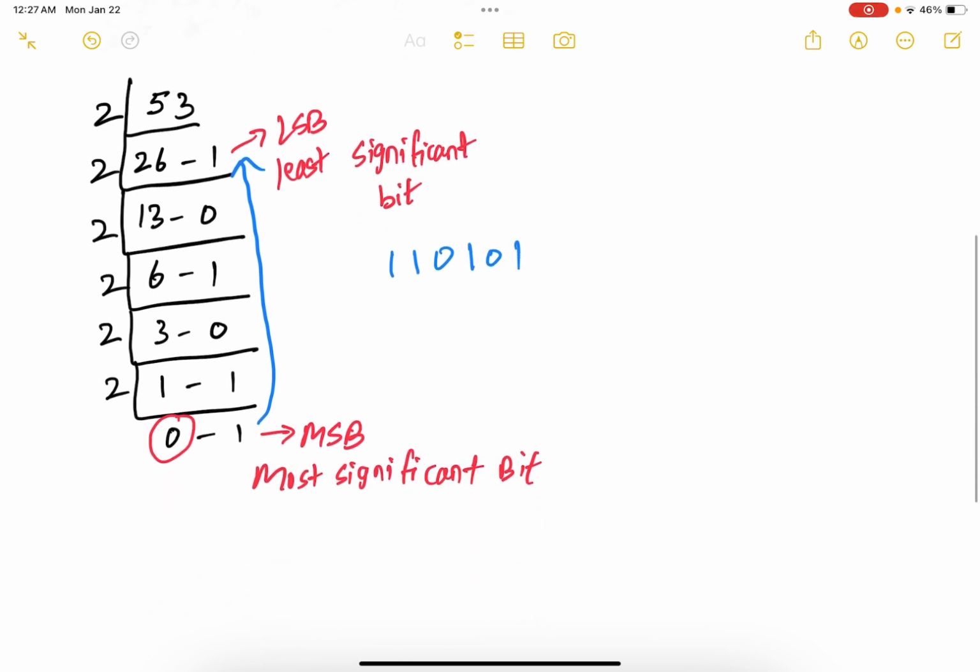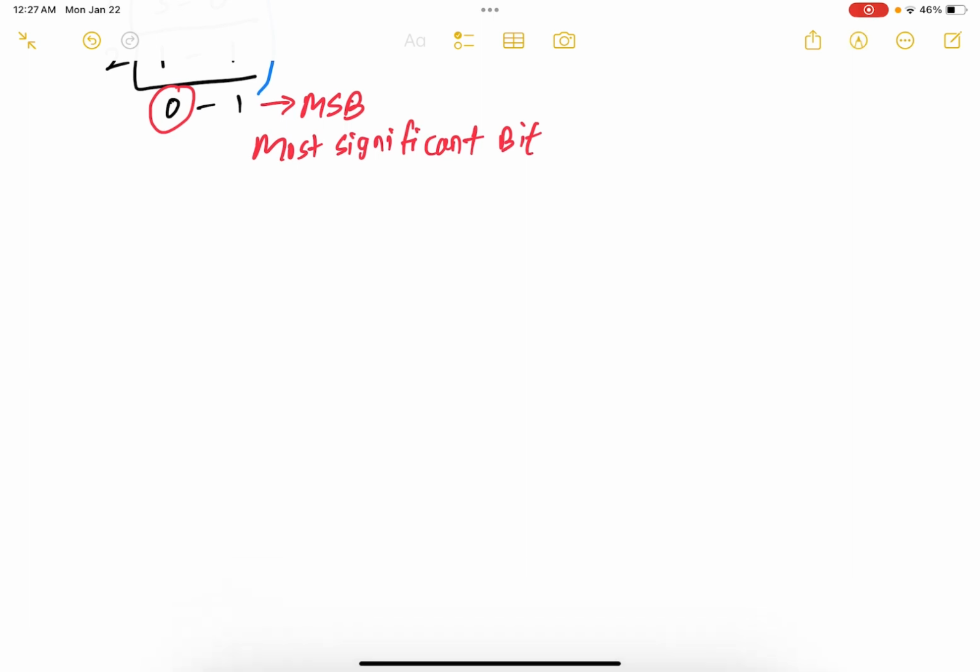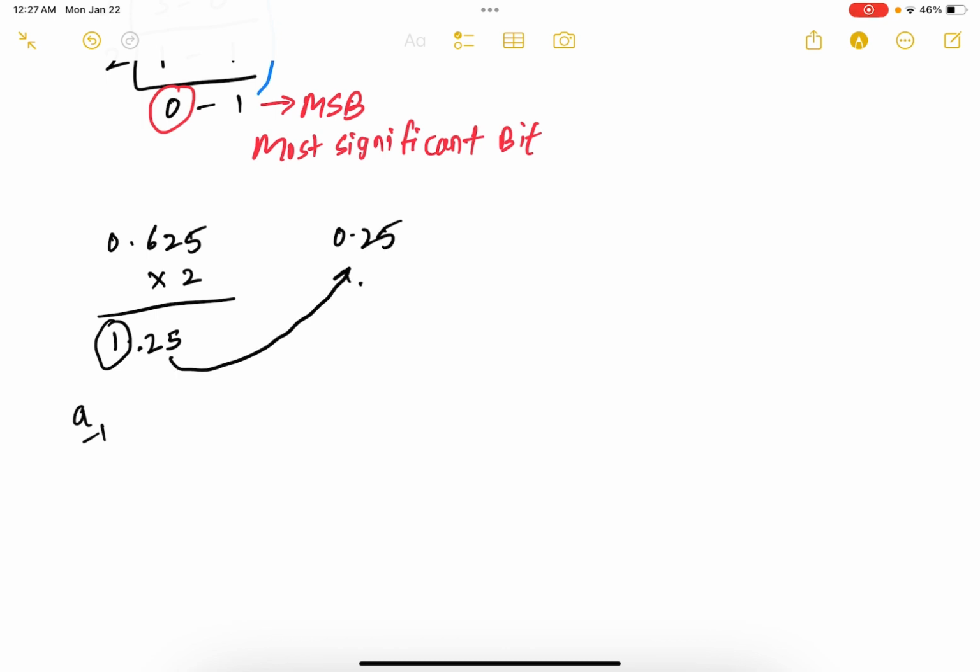Okay, now let's look at the fractional part. So you had 0.625, that's the fractional part. So you multiply it by 2, so you get 1.25. So this one would be a minus 1, and then you take 0.25, you multiply it by 2, you get 0.5.